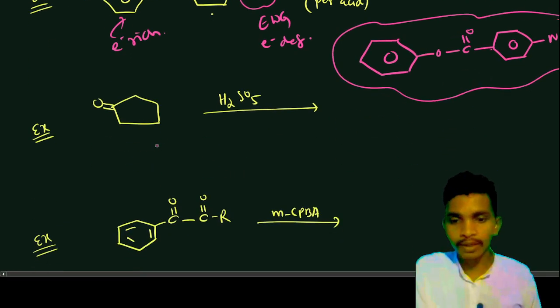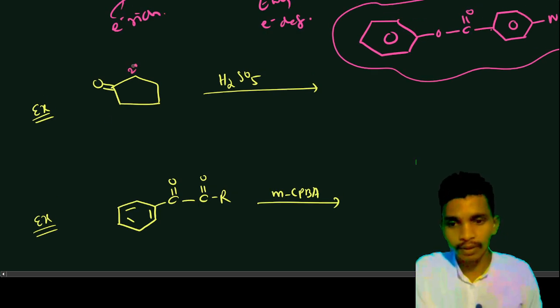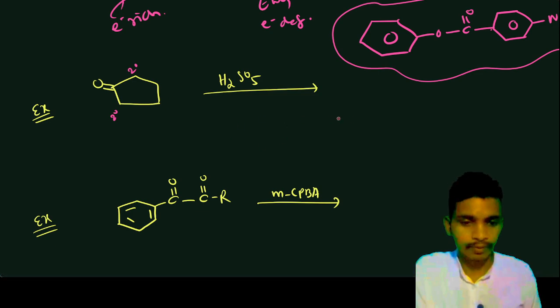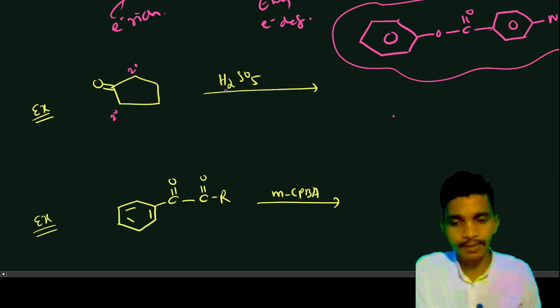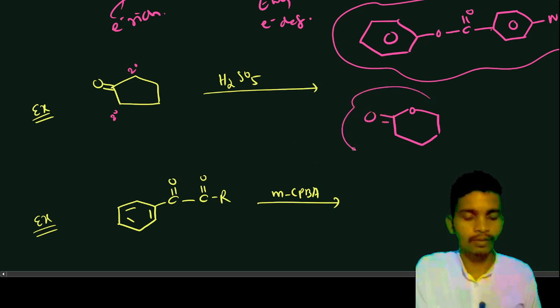Okay, similarly here, both are 2-degree and both are the same, so O can attach anywhere. So the answer will be: O we can add anywhere because both are the same. So we can write it in this one, CO. This is the final product.